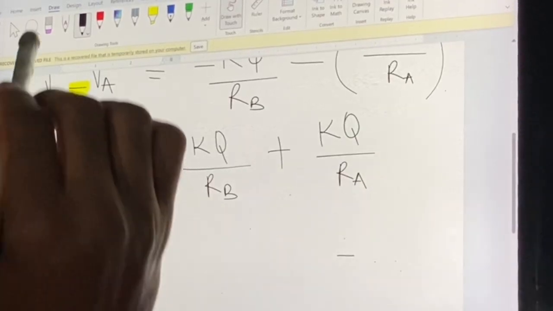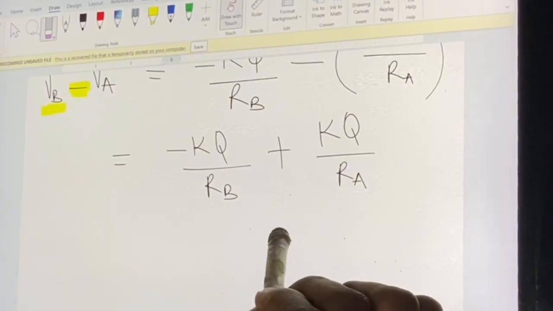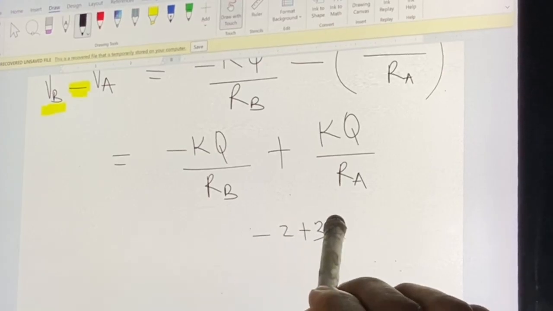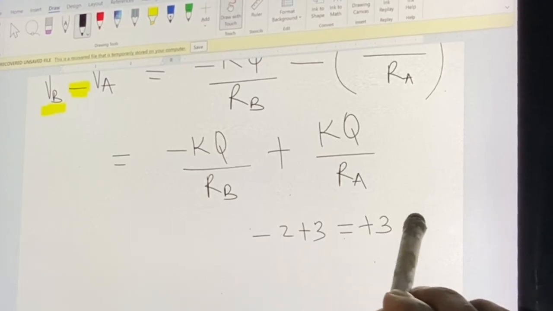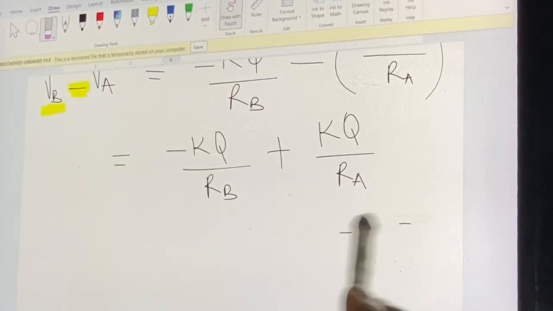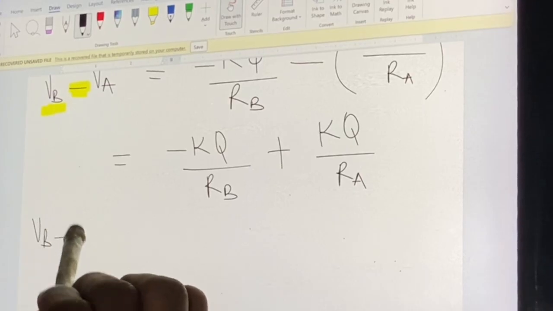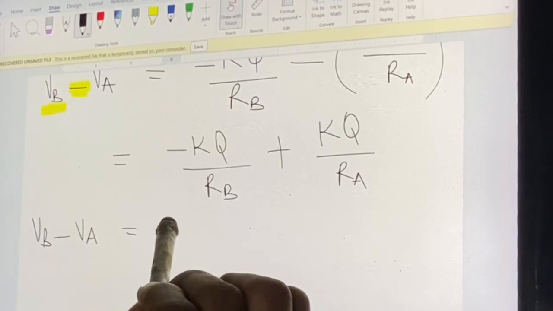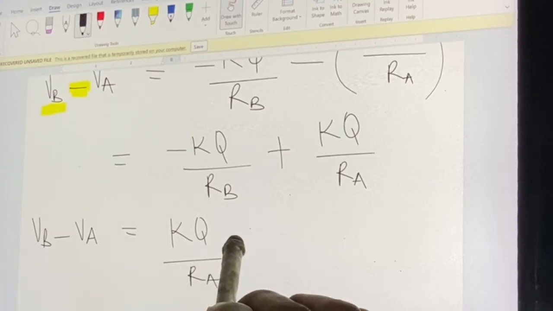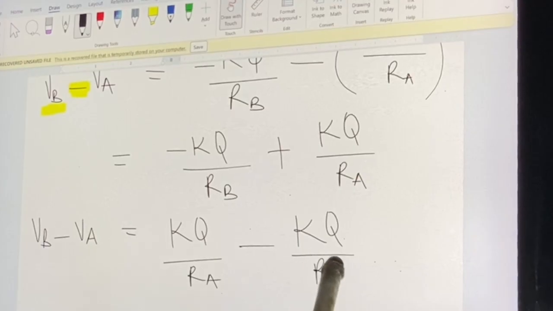Evaluating this here, if I have something like minus 2 plus 3, this is the same thing as plus 3 minus 2. Please take note of this. So applying this concept here, I will have VB minus VA equal to KQ over RA minus KQ over RB.